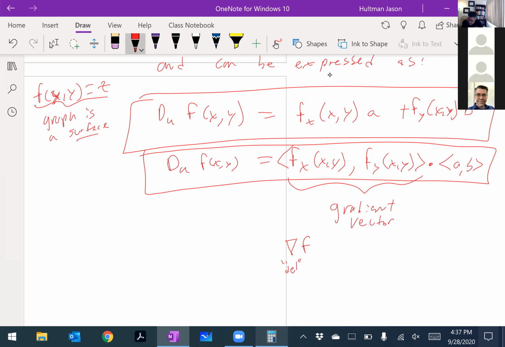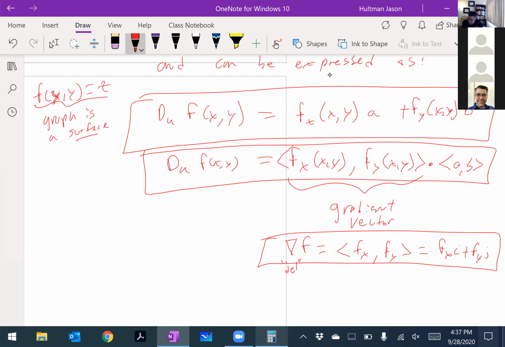So del F is equal to f sub x, f sub y, or we could rewrite it as f sub x i plus f sub y j. That's del. We'll come back to this a little bit later, but just know that you can write it like this.